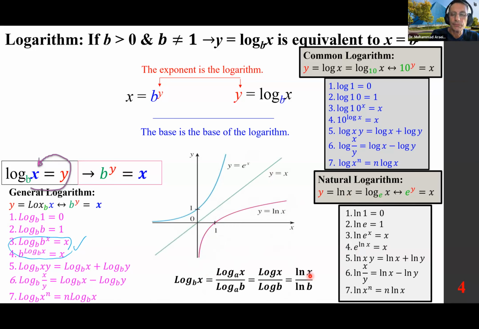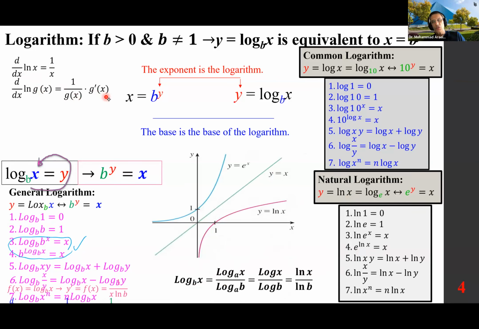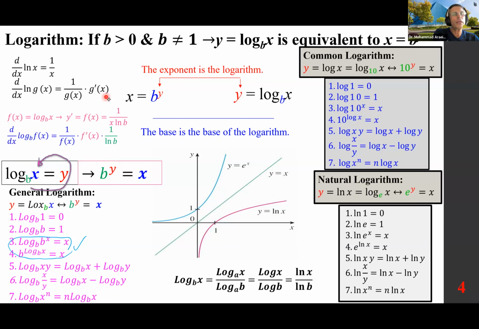This is the change of base formula. The derivative of a log, basically ln x, you flip it over; ln of g of x, you flip it over times g prime by the chain rule. And to find the derivative of a log when the base is no longer e, we use the change of base formula and we divide by ln b.